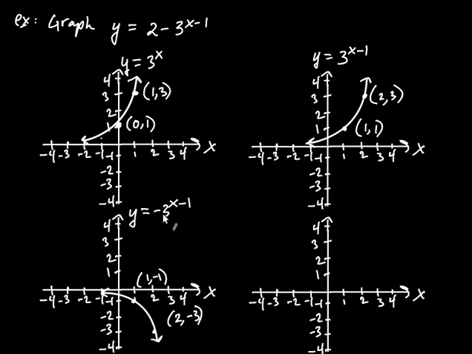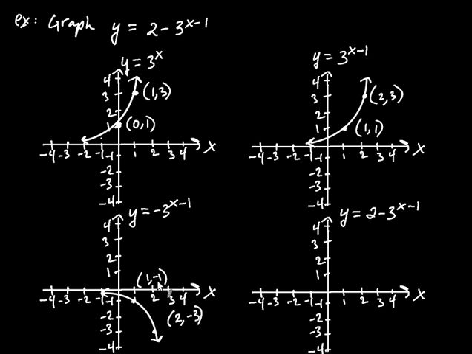And then finally, the last transformation we need to apply is to add 2 to this to get to our final graph, the one we're interested in. So y equals negative 3 to the x minus 1, plus 2, but you can also write it as 2 minus 3 raised to the x minus 1. The effect is that it's going to take this graph and simply add 2 to all the y-coordinates. That means the graph shifts up 2.